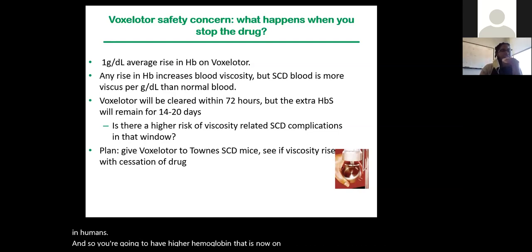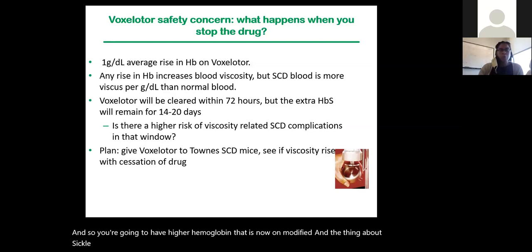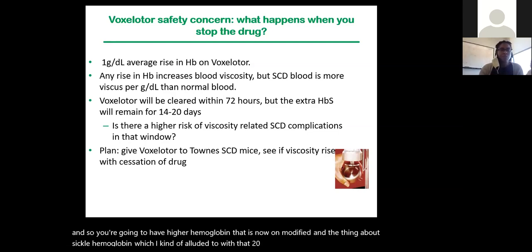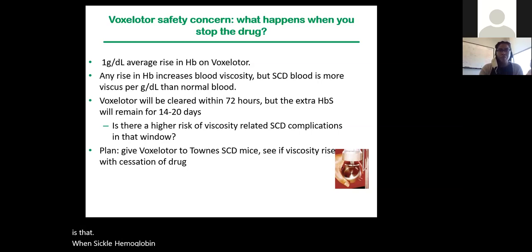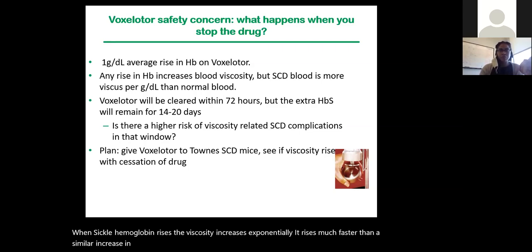And the thing about sickle hemoglobin, which I alluded to with that 21 hematocrit, 45 hematocrit comparison, is that when sickle hemoglobin rises, the viscosity increases exponentially. It rises much faster than a similar increase in normal hemoglobin or functional hemoglobin.